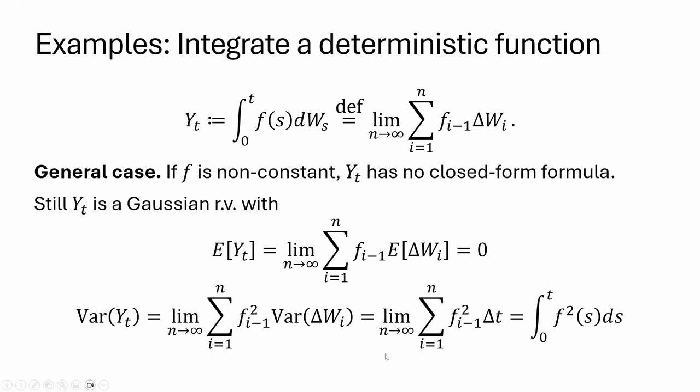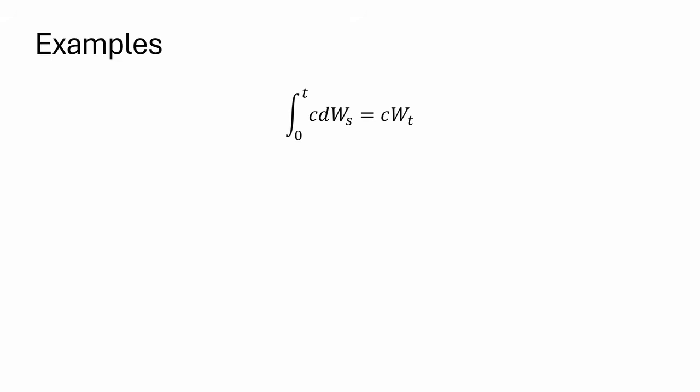So we have the limit of the sum f_{i-1} squared times delta t. But this is just a regular Riemann integral from calculus 1. So that's just the regular Riemann integral of the deterministic function f(s) squared ds. So to summarize, our first formula in stochastic calculus, the Ito integral from 0 to t of c dw_s is c w_t.